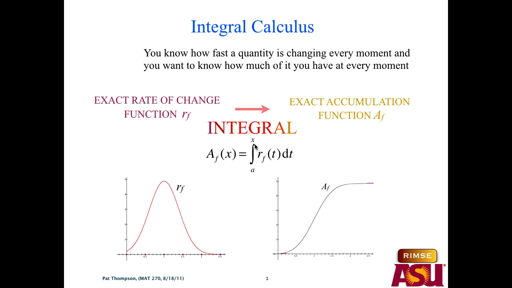This is if we have infinitesimally small intervals, or imagining using all of the values of r sub f. And in fact, what this notation means, I have r sub f. Now, there's this mystery t here. T isn't any of the axes on here. T is an extra variable that we're using. And what happens is we let t take on all the values from a through x.